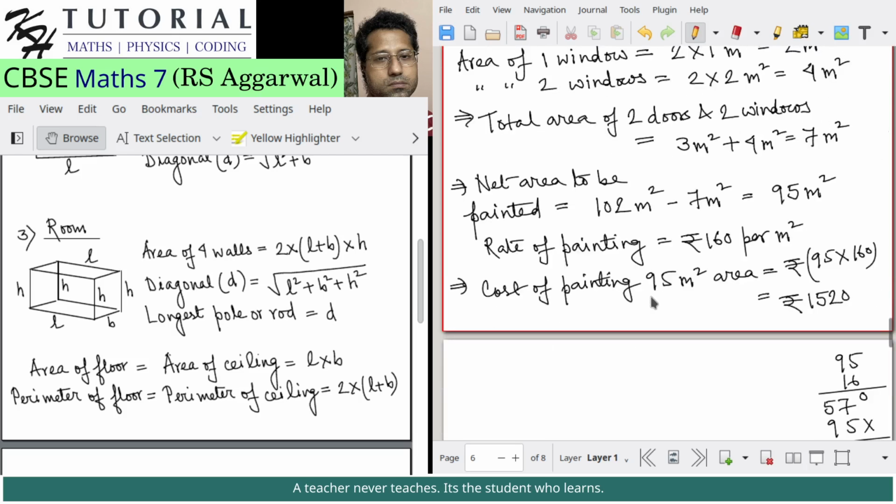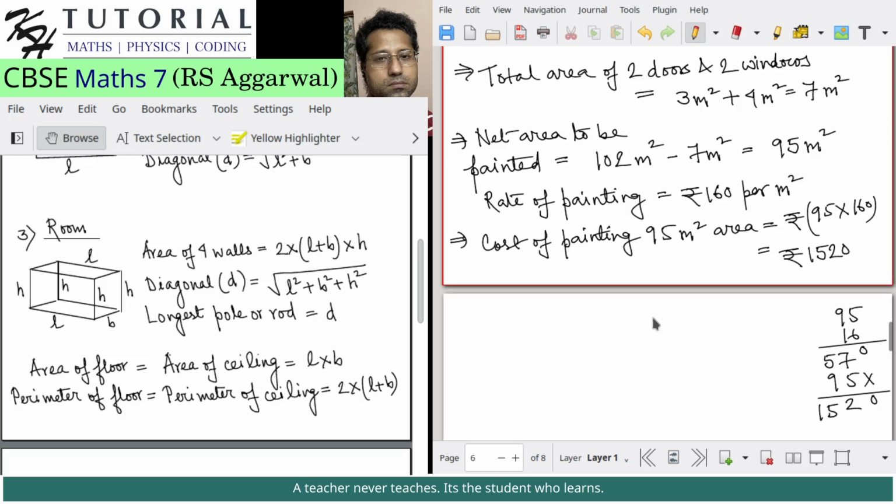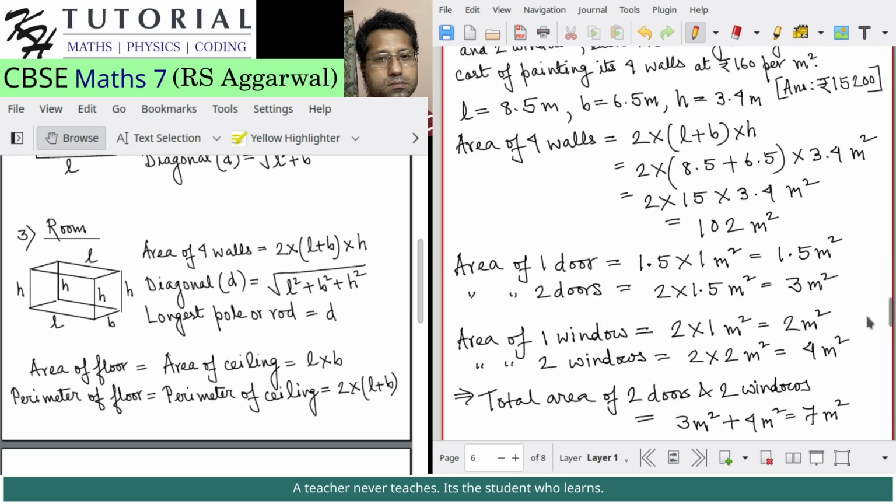Oh, 95 multiplied by 16 is 1520, and it was 95 multiplied by 160. So rupees 15,200 will be the cost of painting the four walls.